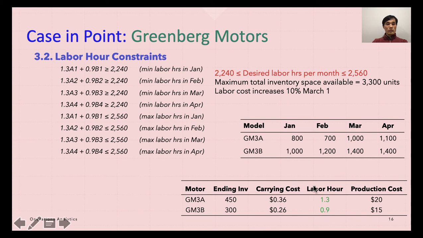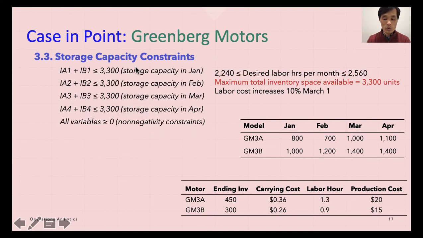And if you use this number, 1.3 times A1, the production number of GM3A, plus 0.9 times B1, GM3B at January, this has to be greater or equal to 2,240.